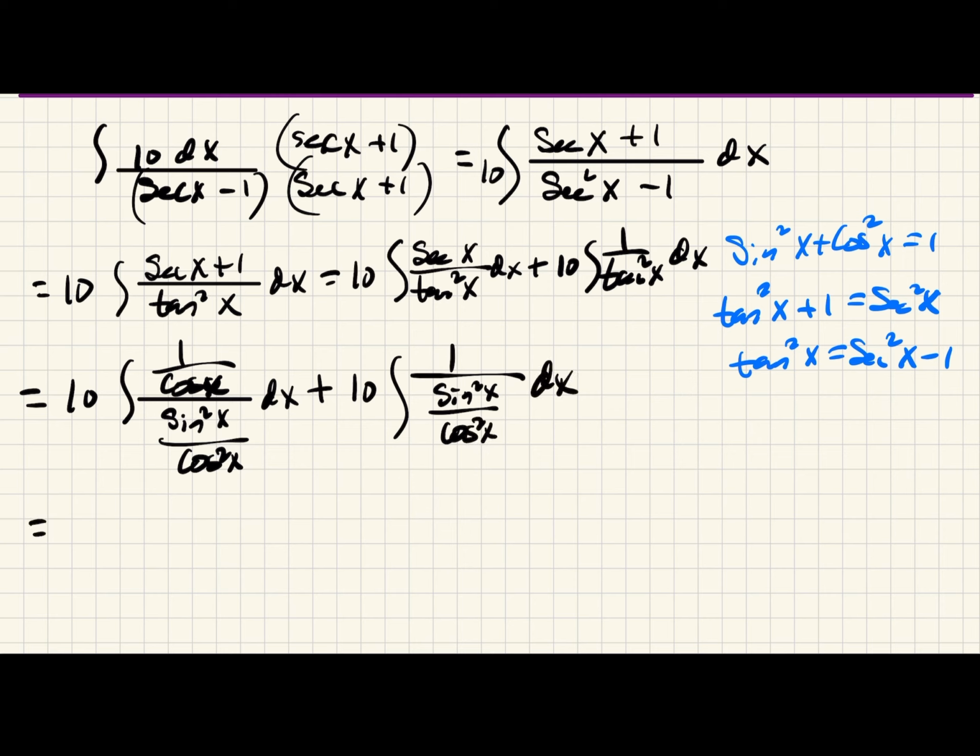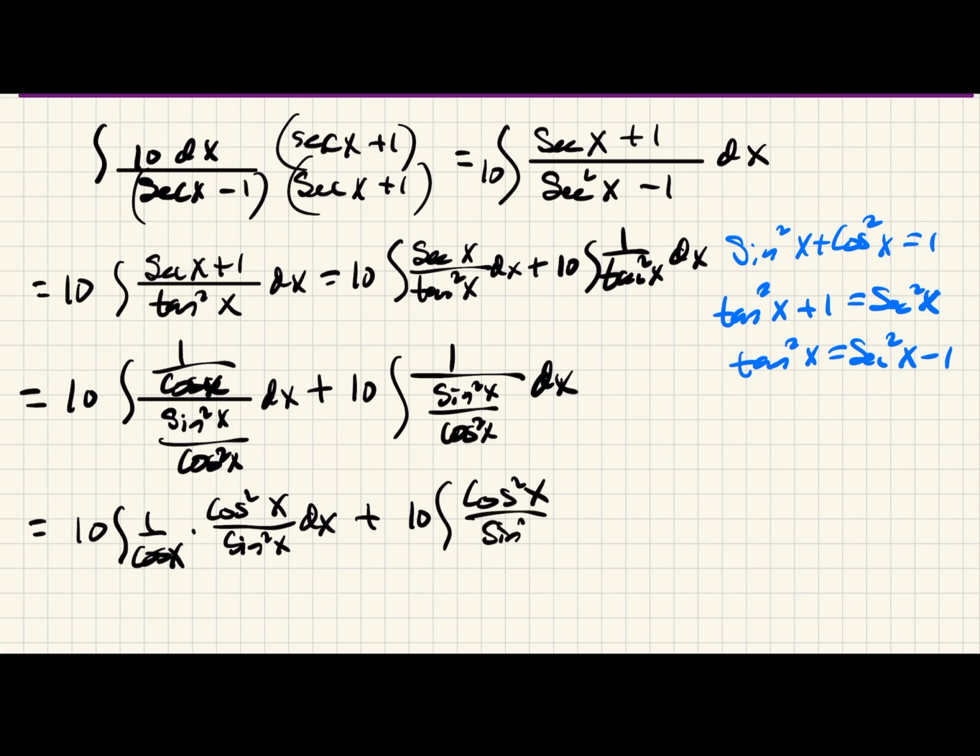And so we have 10 times the integral. Now I'm going to invert and multiply, right? So we'll have 1 over cosine x times cosine squared x over sine squared x dx plus 10 times the integral of cosine squared x over sine squared x dx.